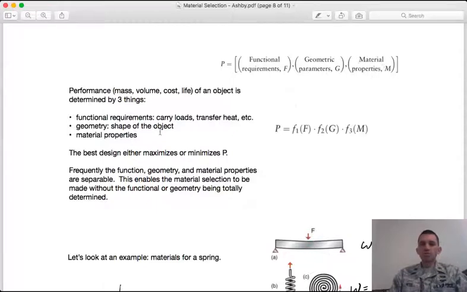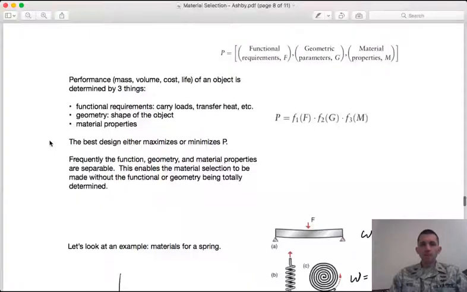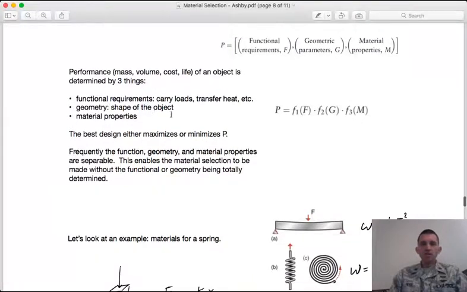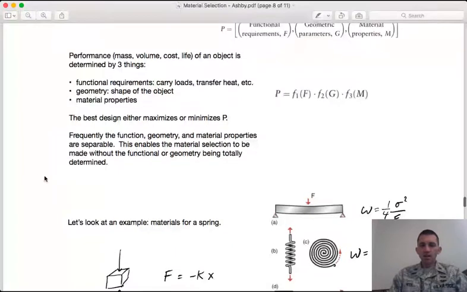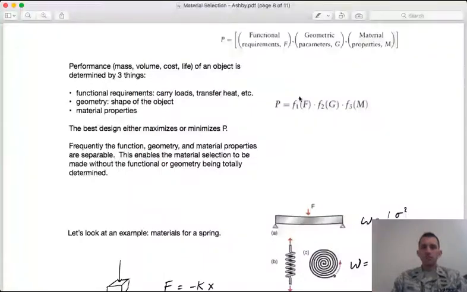And then the material properties. And so if you can define a function that describes the performance for a particular application, then you may be able to determine which factors will maximize P most effectively. And it's helpful from a material selection standpoint to be able to separate the functional forms for the requirements and the geometry and then the material properties, right?